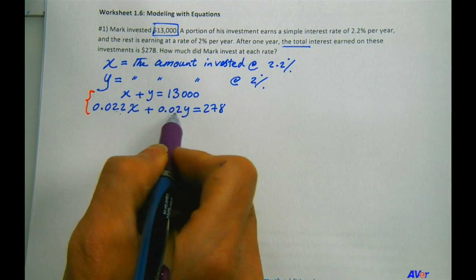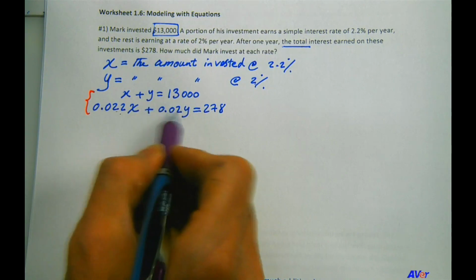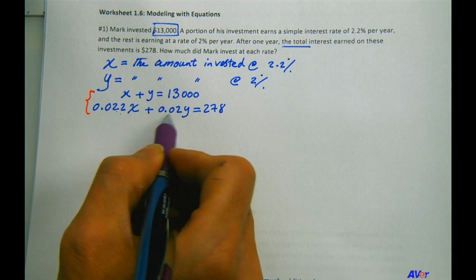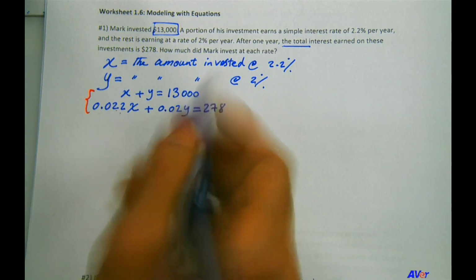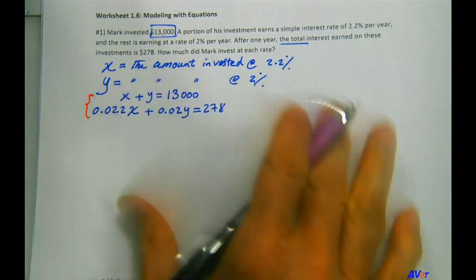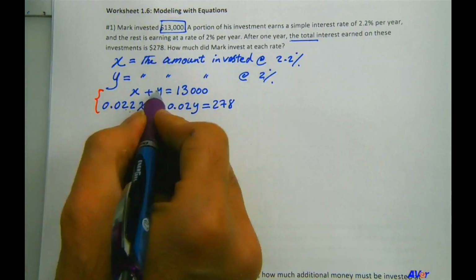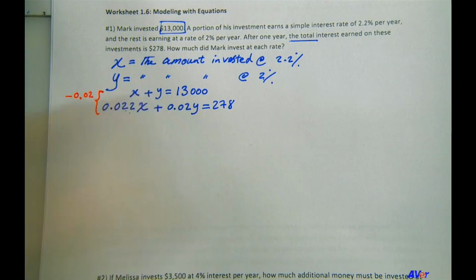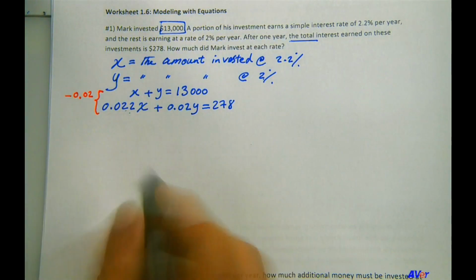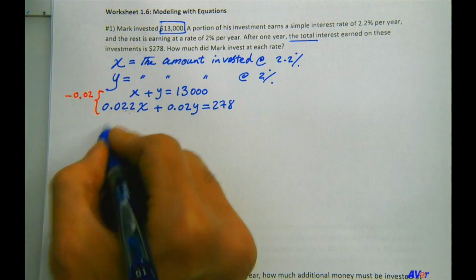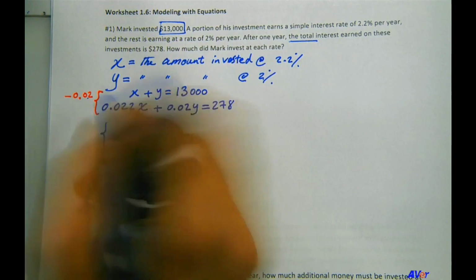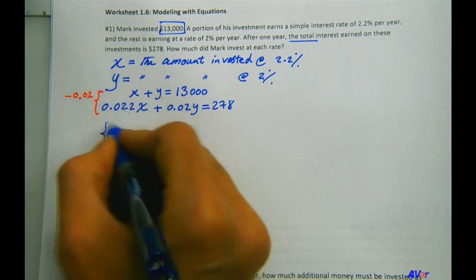Because y terms have an easier coefficient than x terms, I'm just going to eliminate the y terms. So I'm going to multiply the top equation by minus 0.02. Okay, so what we end up with is distributing this minus 0.02 into all that. Why am I doing this? You'll see in a minute.